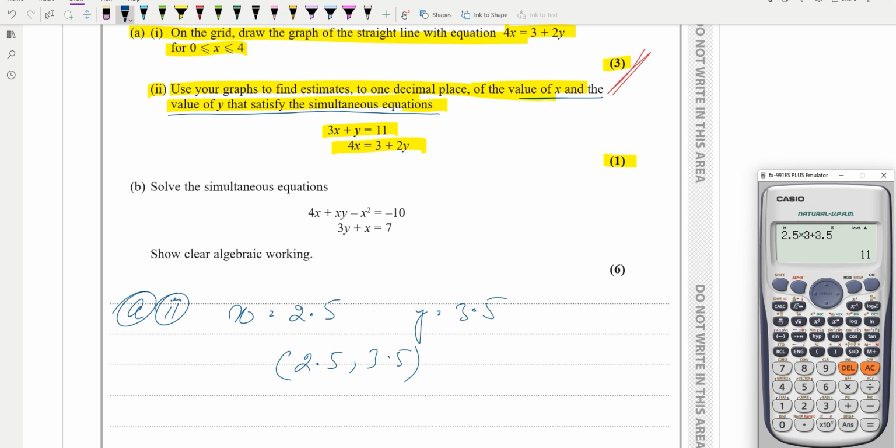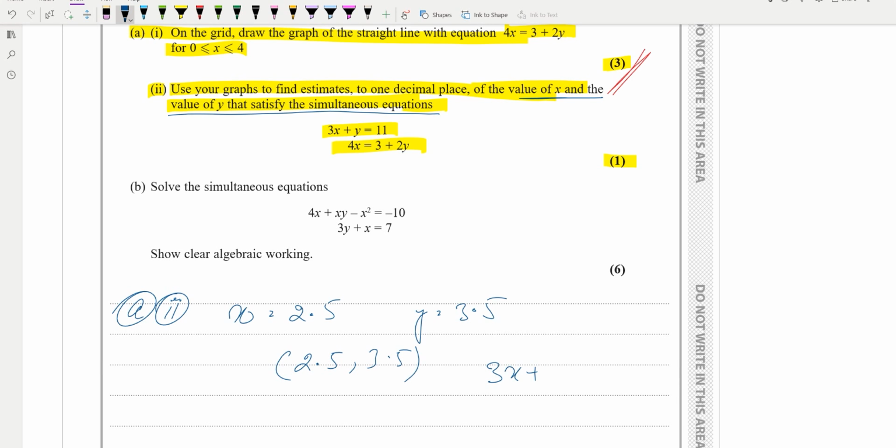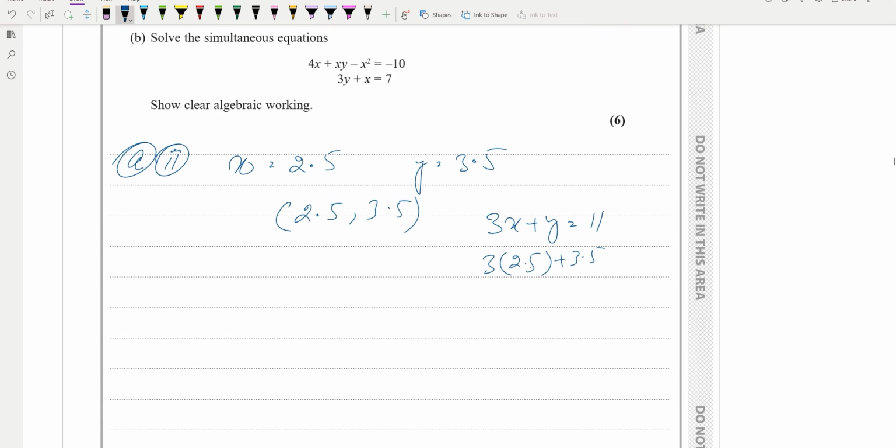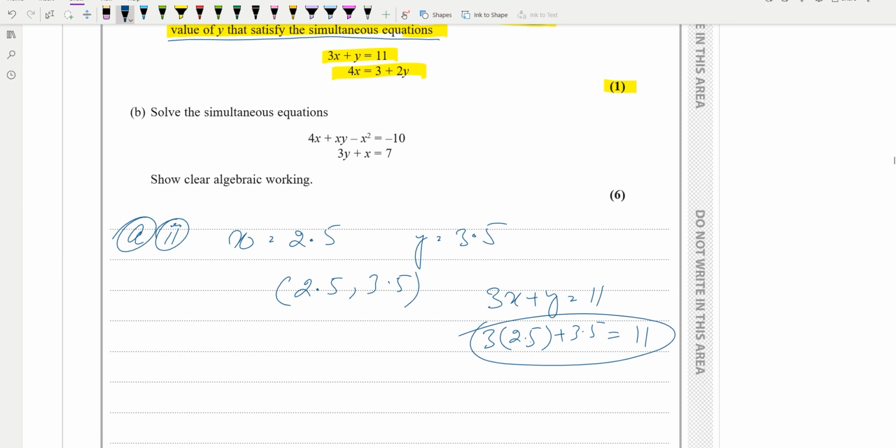So we can show here also 3x plus y is equal to 11. It means 3 into 2.5 plus 3.5, and if we solve, this is equal to 11. So this is satisfying the equation.